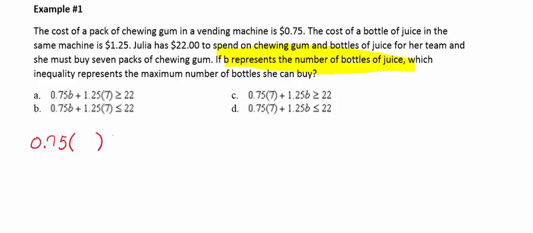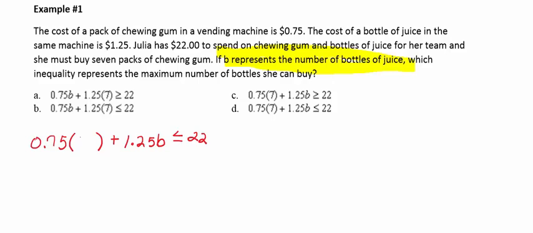If I add that to the $1.25 per bottle of juice, but we don't know how many bottles of juice we're going to purchase, so we're just going to put B, and then that's going to have to be equal to or less than 22, because you can't spend more than $22.